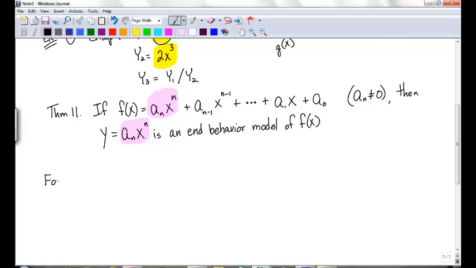For n greater than or equal to 1. And most of these you already know. They just haven't called them end behavior models yet. For n greater than or equal to 1, there are only 4 types of, and they call them polynomial end behavior models.